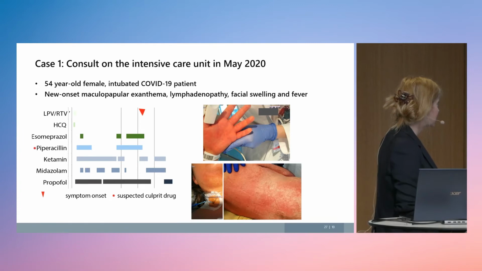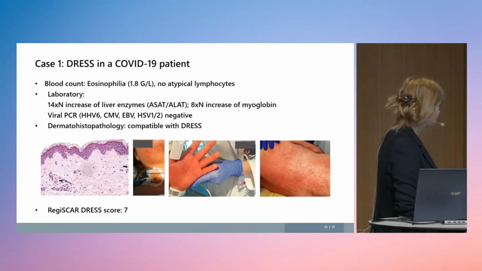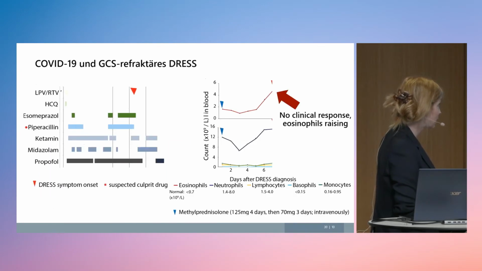As a potential causative drug, we identified piperacillin. So she had eosinophilia, no atypical lymphocytes, and I will make it short, but basically we could confirm the diagnosis of DRESS and started with high-dose corticosteroids.